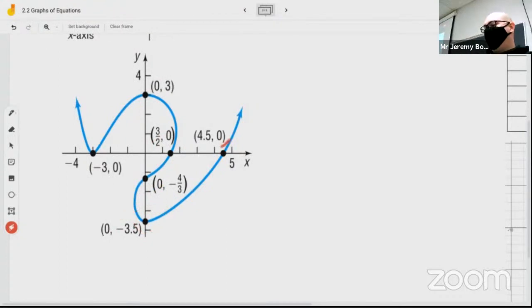Now we're doing decimals, and 4.5, 0. So they can happen at different numbers. You can have multiple of them. There are some restrictions we'll learn about on how many intercepts you can have with a function. But with a graph or with an equation, you can have as many as you want. Equations have no rules. They're just wild, wild west.